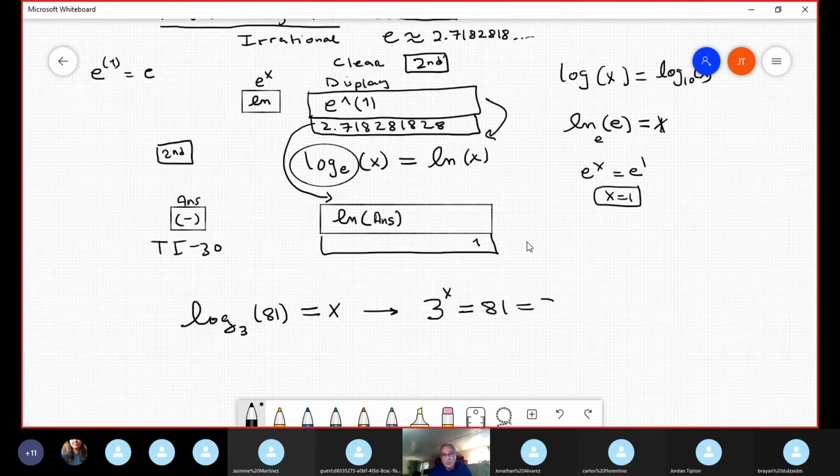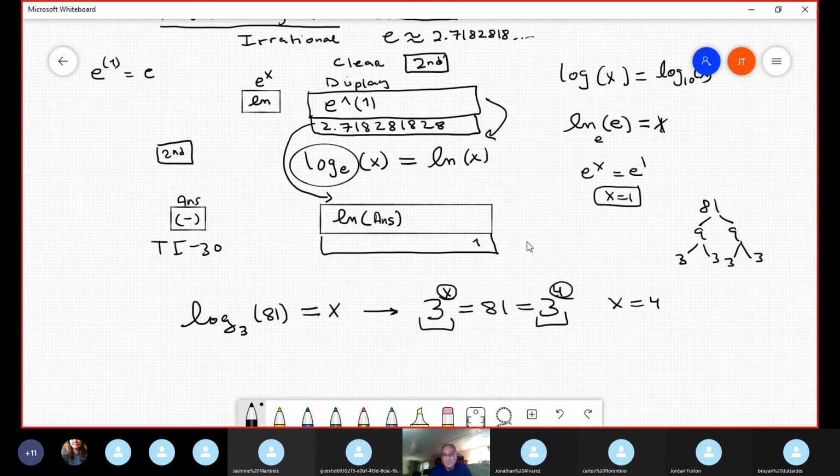I know that 81 is 3 to the 4th power. 81 is the multiplication of four 3s. Therefore, we have the same base, therefore the exponent is the same, and the conclusion is x equals 4.